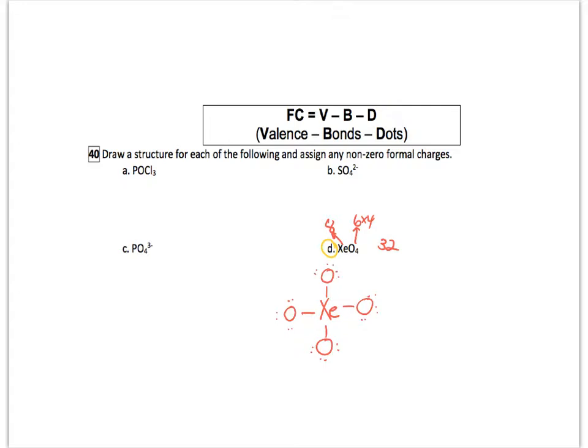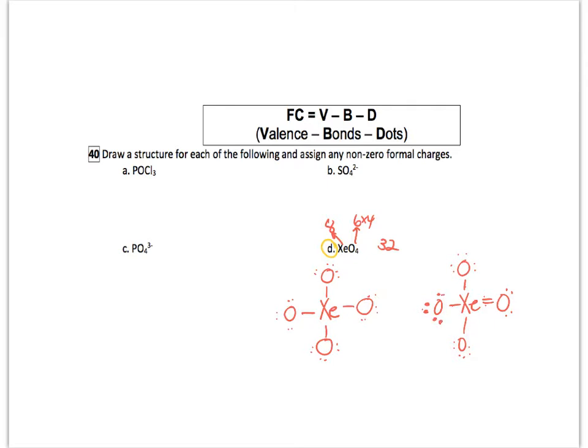Because xenon has the ability to expand its octet, we could do this. I still have 32: 2, 4, 6, 8, 10, 12, 14, 16, 18, 20, 22, 24, 26, 28, 30, 32. Yeah, that still has the right number of electrons in the diagram. It's still okay in terms of that.